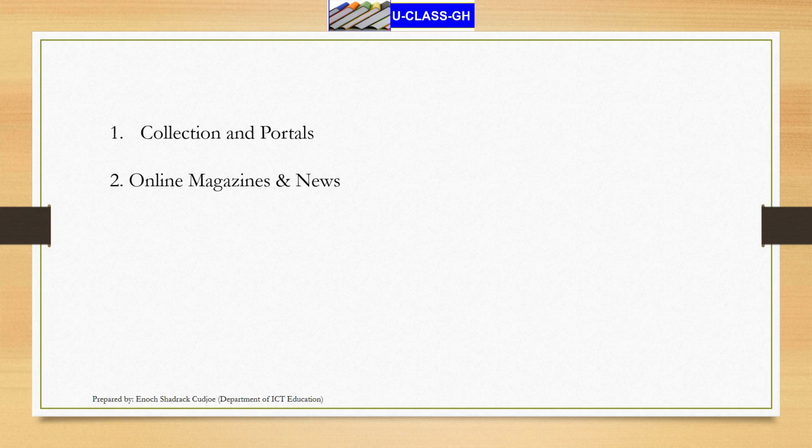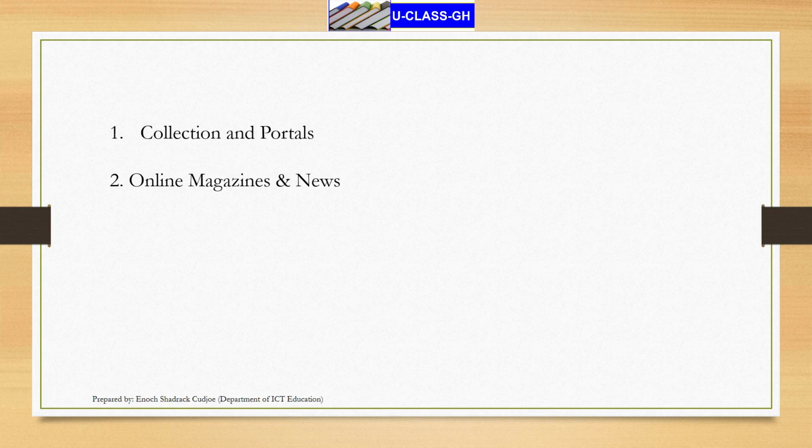The next one is online magazines and news. The same way, we have websites that keep records of major news sources about finance, literature, art, culture, sports, economy, and so on and so forth. So if you're doing something about economy, you can go there, find the news, download it, use it in your activities or for your students to examine.